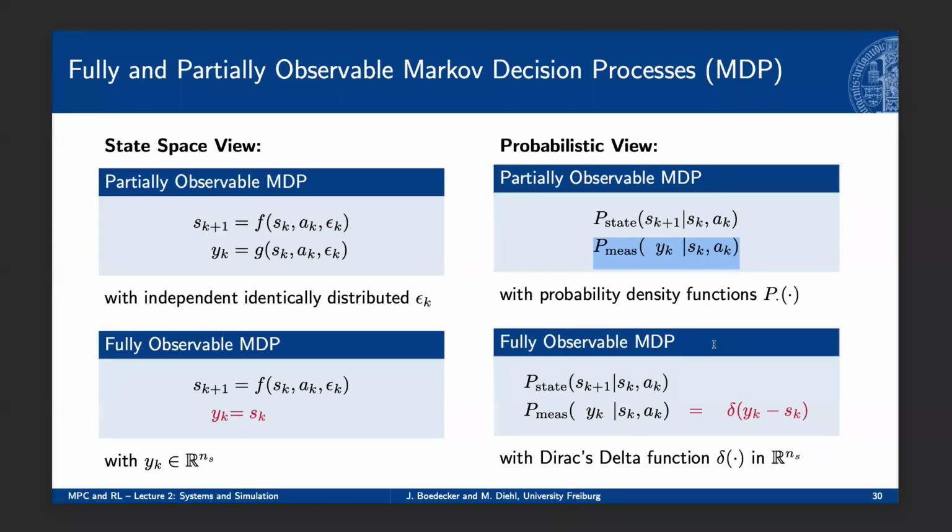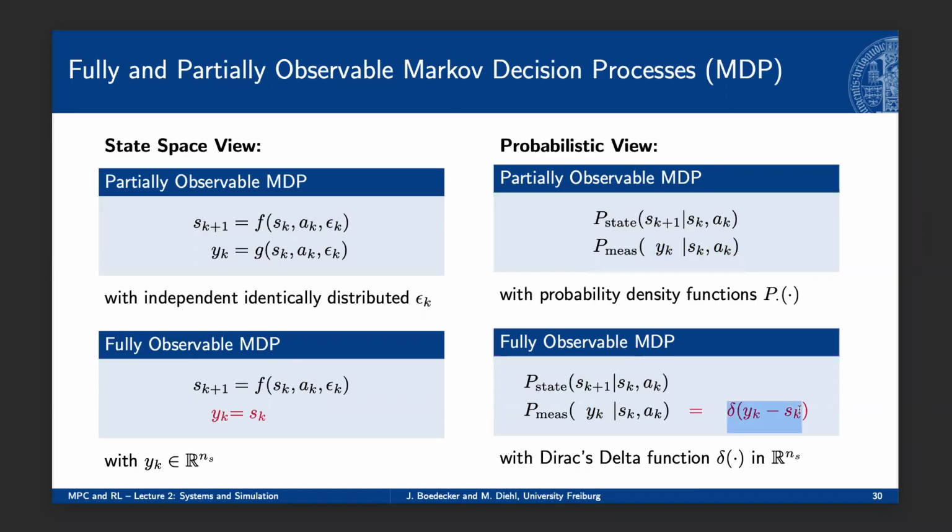And a fully observable system, in this language, would just be one where the probability density of the output, the thing that you measure, is perfectly known. The only output that you can measure is the right state, and all other things have probability density 0, so they will never be measured.